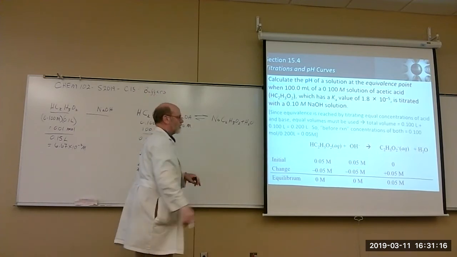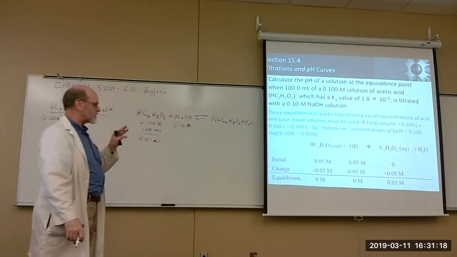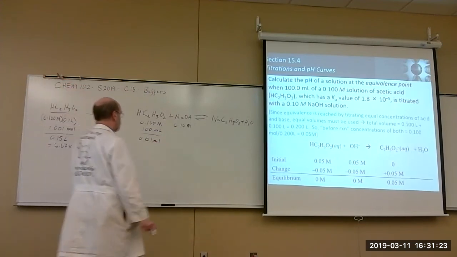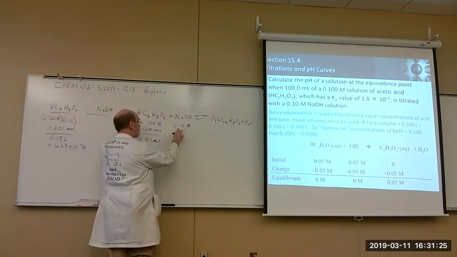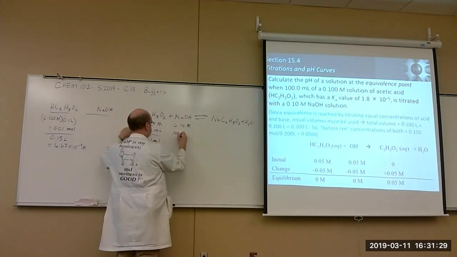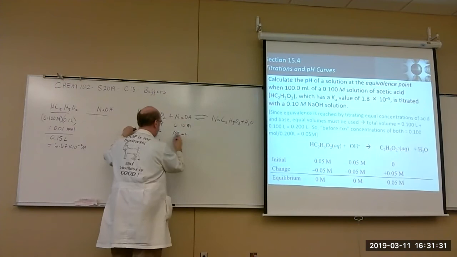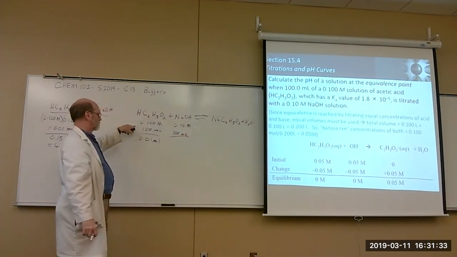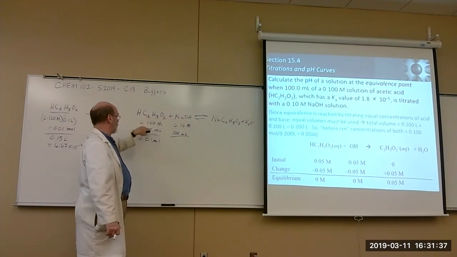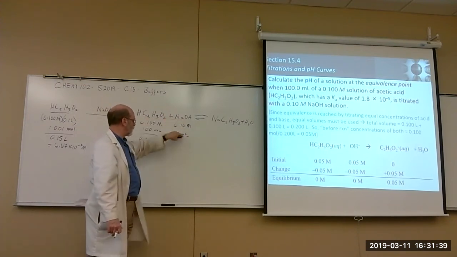And we want to know what the pH is at the equivalence point. So these are equal concentrations. That means equal volumes are required, because the stoichiometry is 1 to 1. For every one of these, you need one of those.